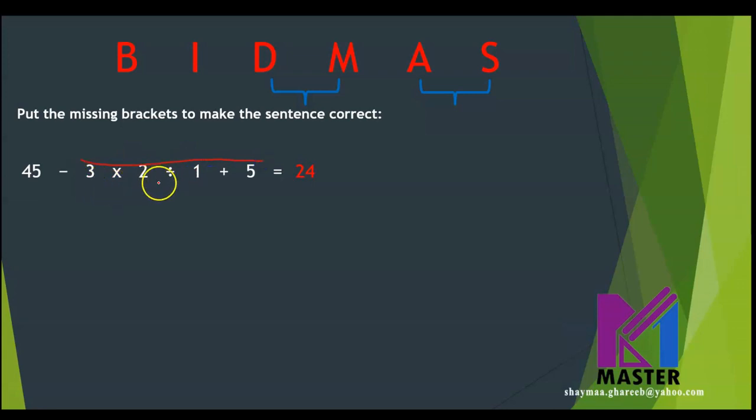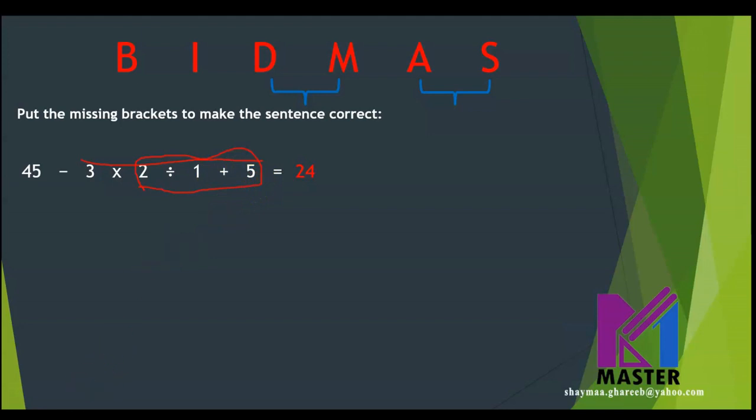I have 3 times, is 3 a factor of 21? Yes, 3 times 7. So can I change these calculations to be 7? Yes, of course. If I put the bracket here, I will get 7 inside. Why? Because I will start with the division. 2 divided by 1 equals 2, plus 5 equals 7.